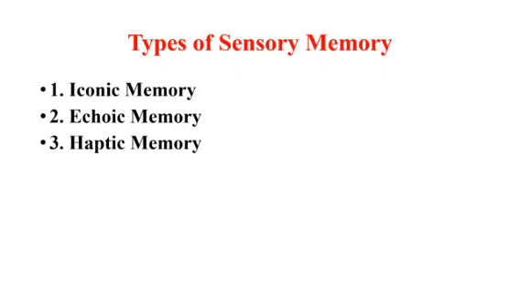For visual stimuli I have iconic memory, for hearing stimuli I have echoic memory, and for touch I have haptic memory. These three names are very important, and it is also important which stimuli each one is related to.